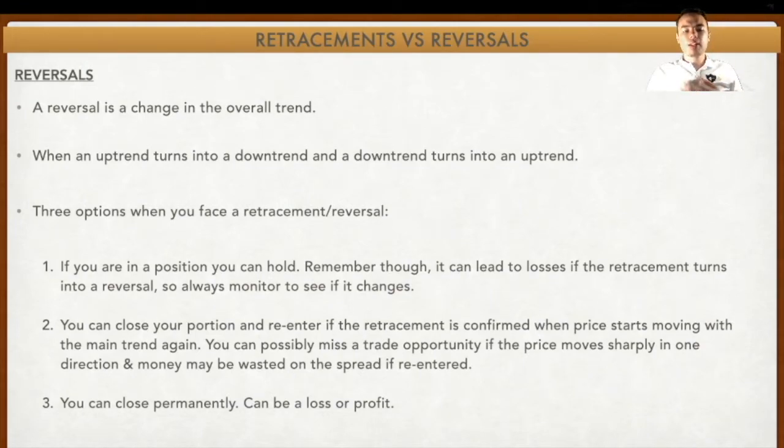Number two, like I said, you can close your position and re-enter if the retracement is confirmed. This is an option, though I prefer to keep the trade. Say you sold, and it went down to $200, and you can see it's now retracing up.